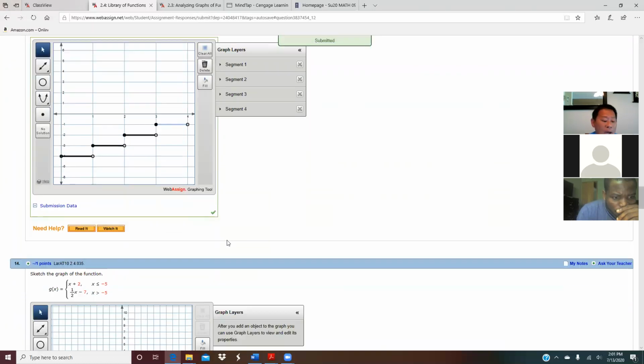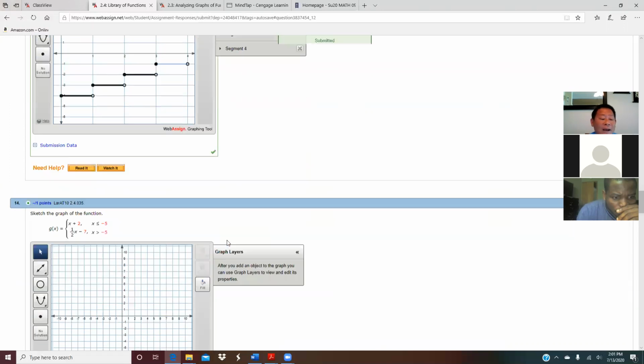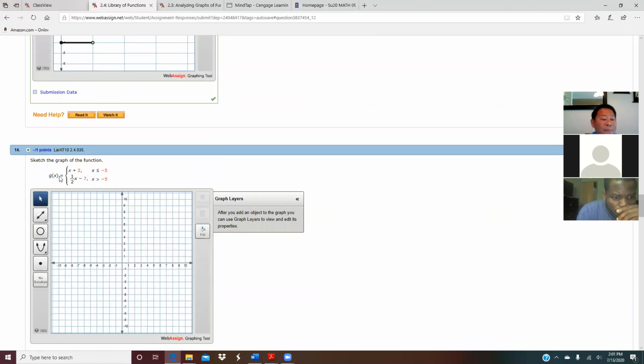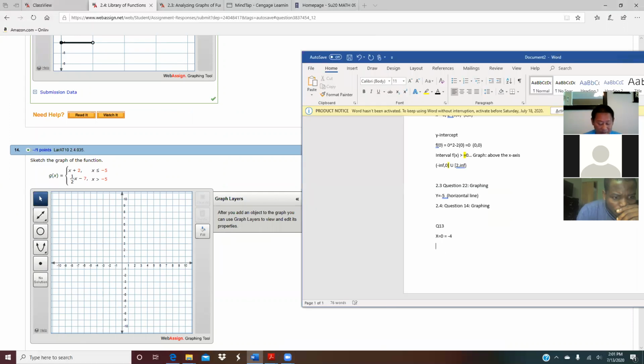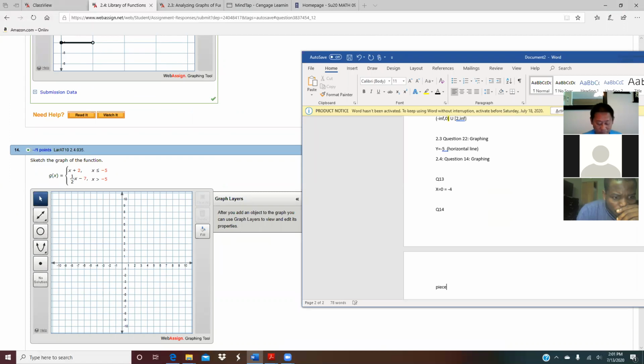Okay. Next, we're going to talk about how do we graph a piecewise function. Okay, so this is what we call a piecewise function. So in order for us to graph a piecewise function, you draw two graphs. So the first graph we have is y equals x plus 2.